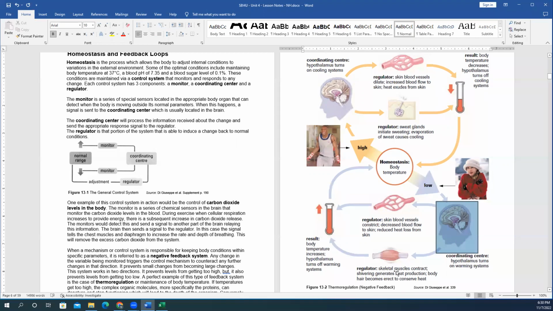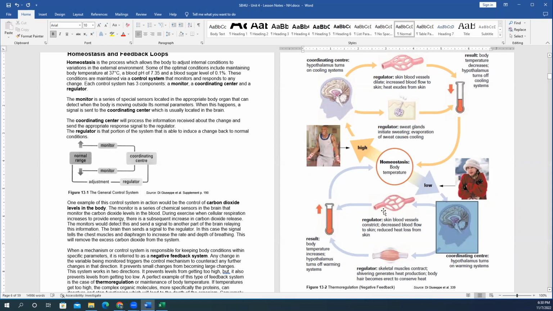And also a signal is sent to the skeletal muscles to contract and start shivering to generate some heat. And also the hair on our body becomes erect and stands up in order to offer a little bit of insulation and to conserve further heat.